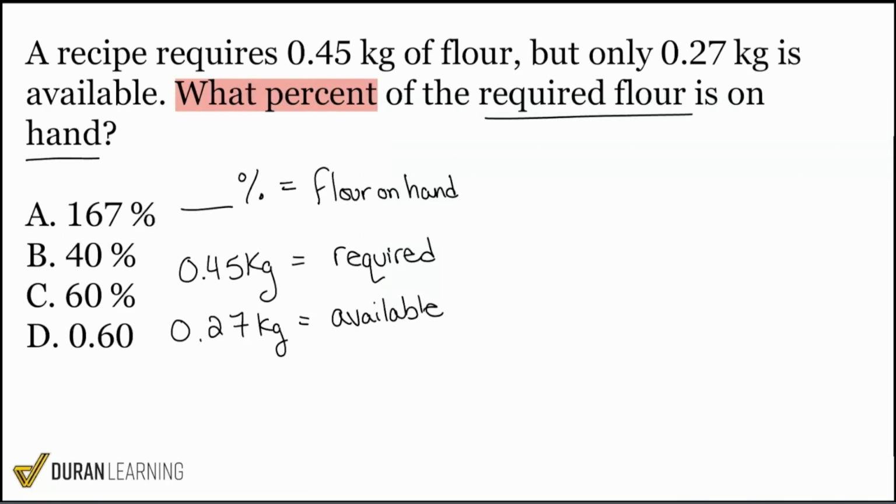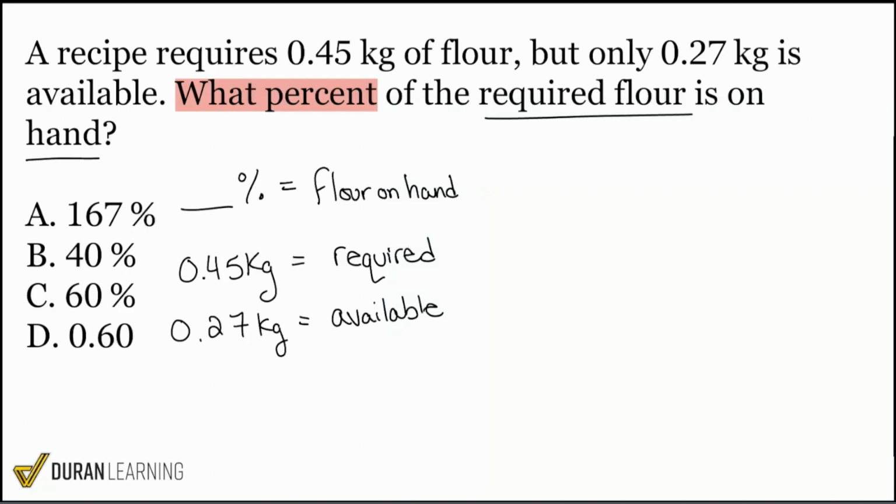Everybody, when we take a look at what we've written down, regardless of if you're spooked by those decimals, which of these two mean the same thing? Flour on hand, required, and available. Which two of the three represent or mean the same thing? Flour on hand means the same as what?